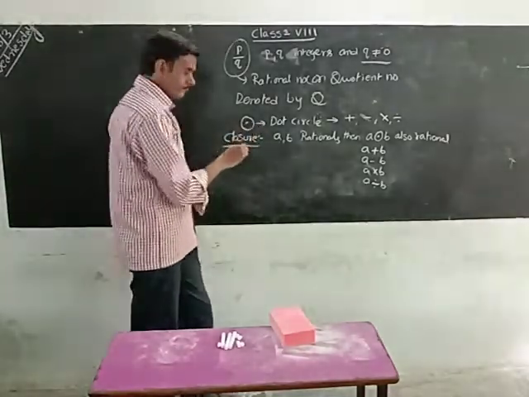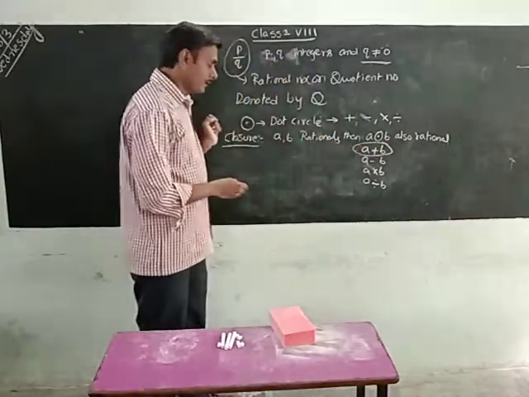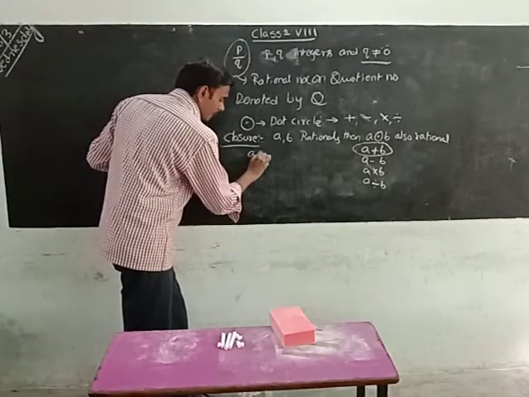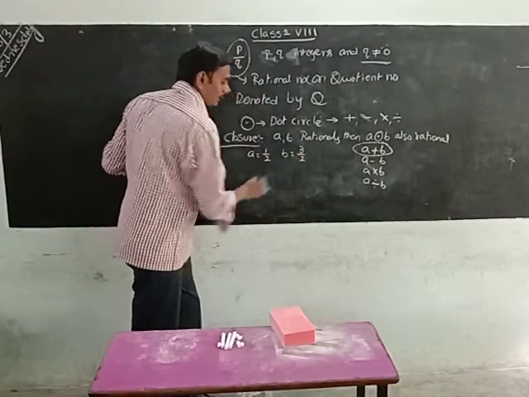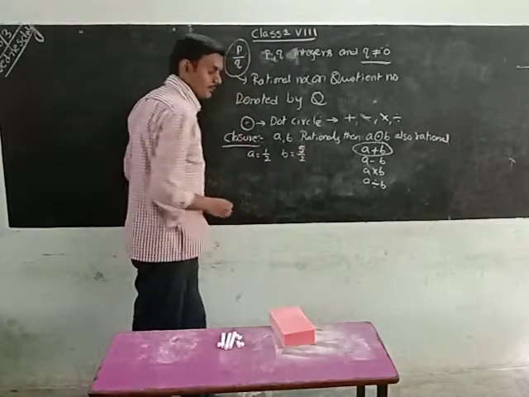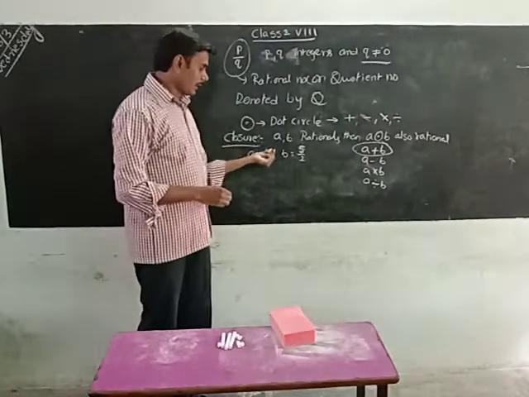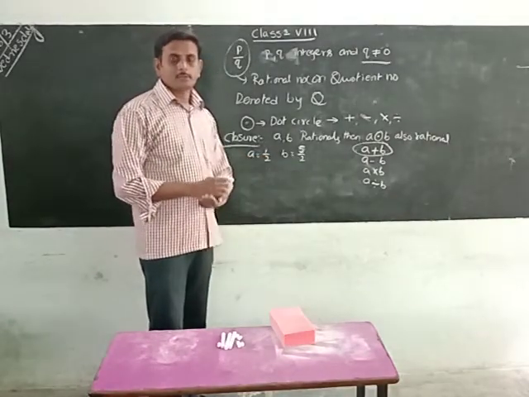Once again I want to check a plus b. Take two rational numbers, a equal to 1 by 2, b equal to 5 by 2. Here I took two rational numbers with the same denominator.